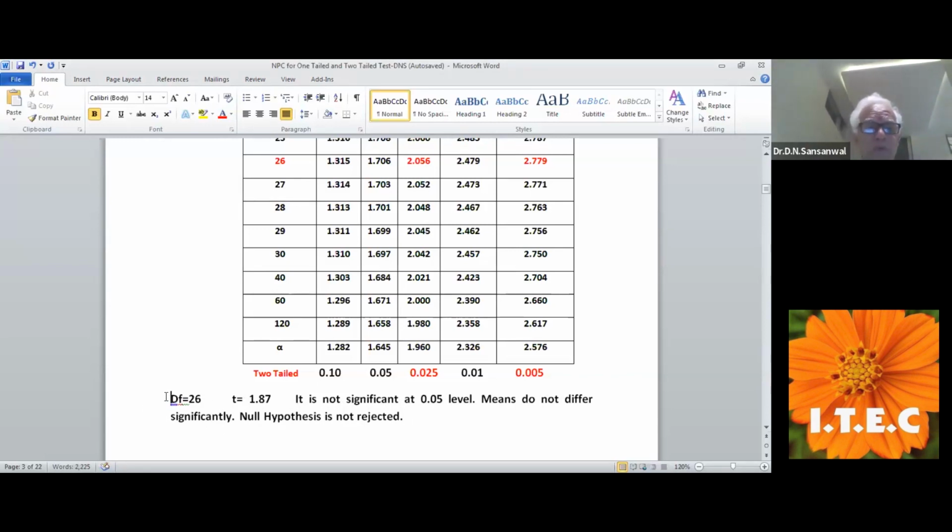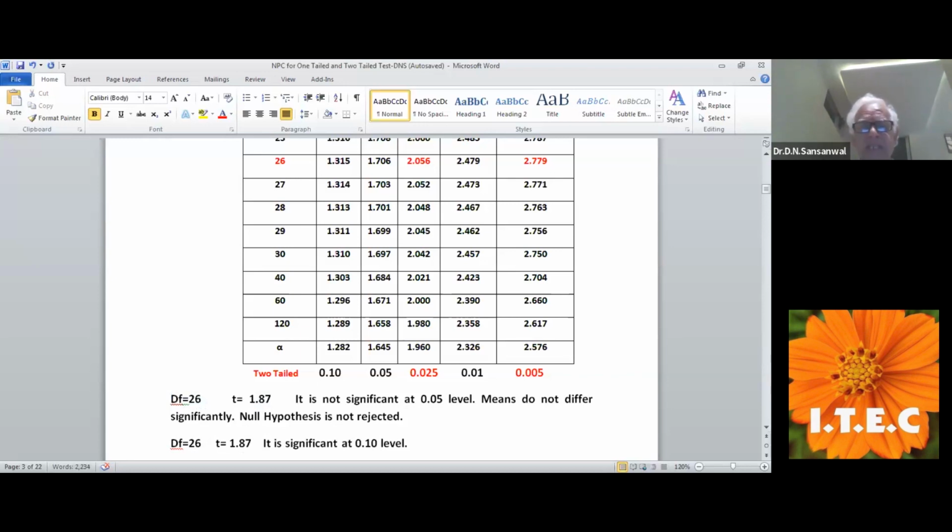Now suppose another researcher says that this value is significant. It is significant at 0.10 level. What is the meaning?